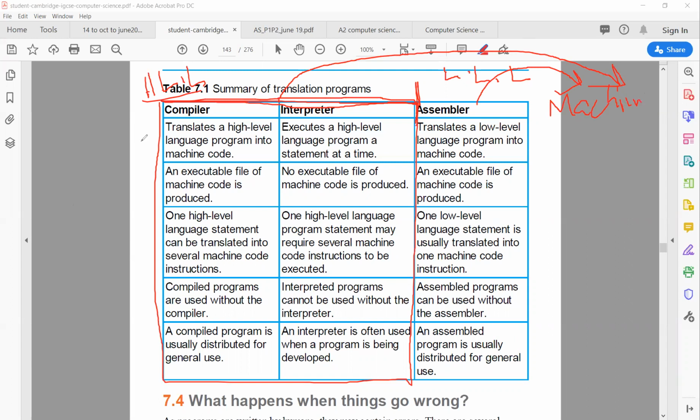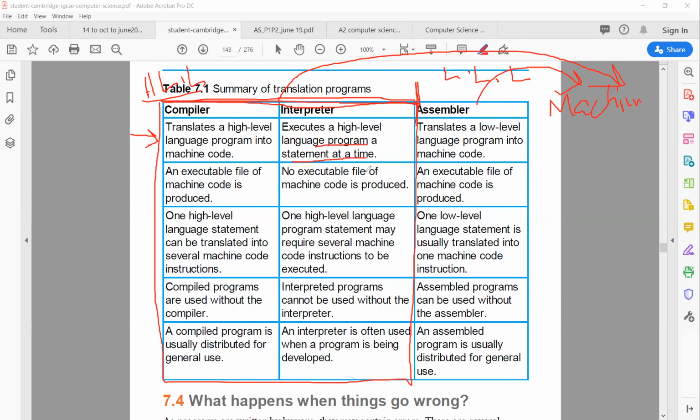The compiler converts the whole program in one go. When you have written the whole program and then you compile it, only then can the computer understand it. While the interpreter translates, converts each line at a time, each statement at a time.